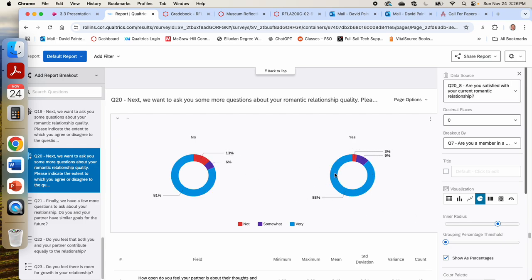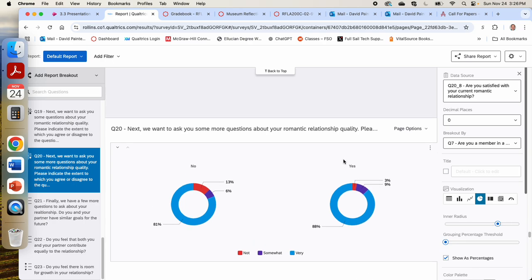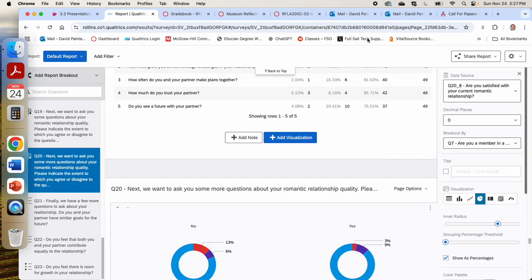So more folks are satisfied who are in Greek life, or at least somewhat satisfied. 13% of people who are not in Greek life are not satisfied. Anyway, play with it and find answers to your research questions, and then you can complete the assignment.